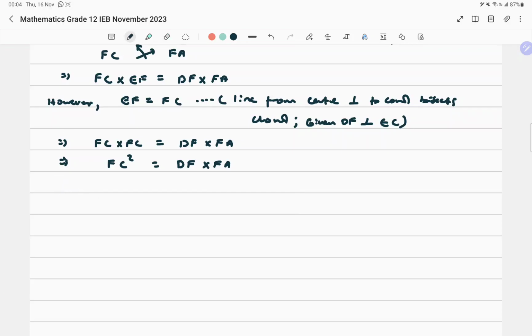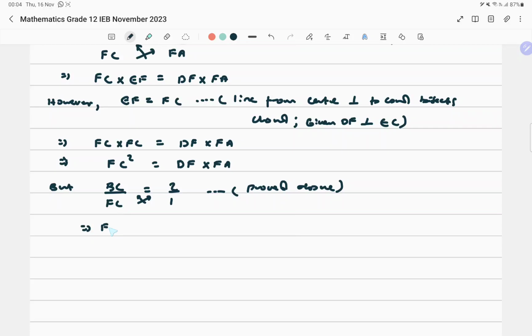Now let's see, how do we state this? We can say, but we know that BC over FC gave us 2:1. Again, this is what we proved above. So now when we do cross multiplications here, this multiplies there, this multiplies there, we make FC the subject of the formula.